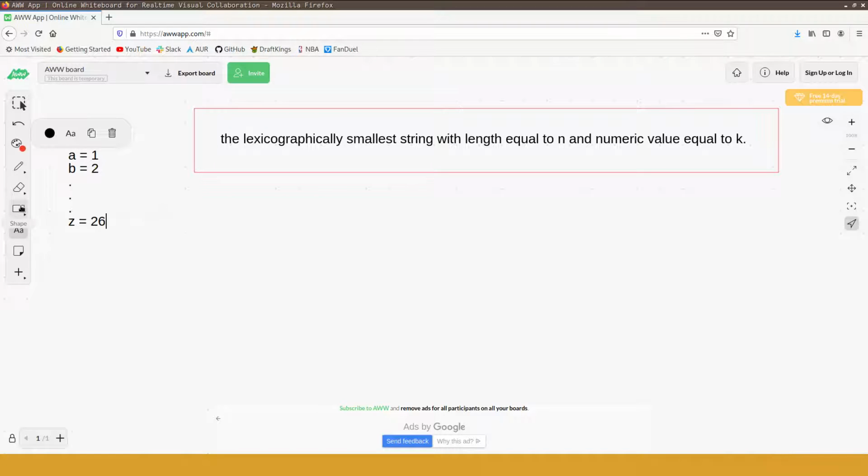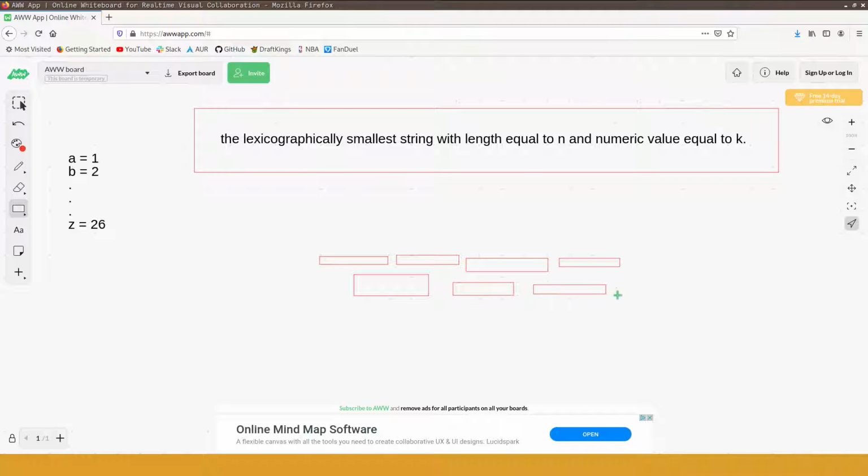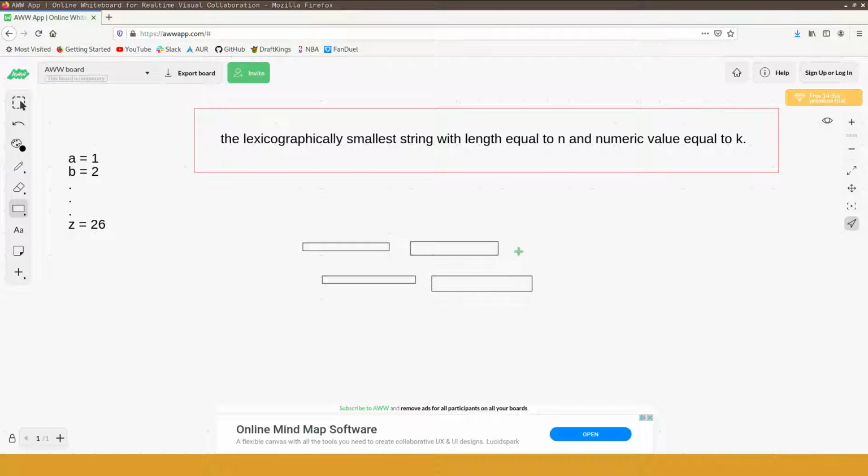Okay, so in my mind right now, I'm trying to imagine the super big set of strings of size n that I can construct using lowercase letters. Oh, red might not be a good color. Let's make it black. Okay, so right now, in my head, I can see all the strings of size n that I can construct with lowercase alphabetical characters, right?